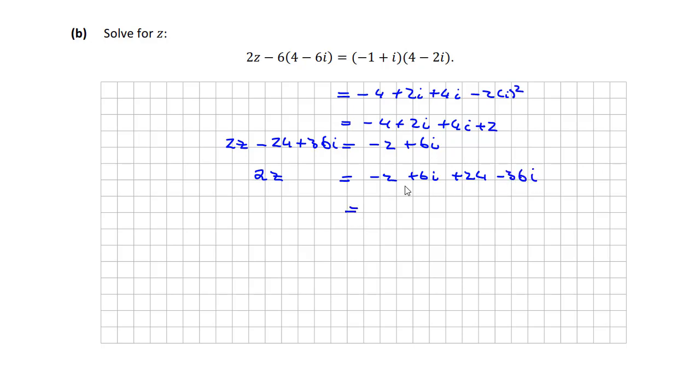That is equal to -2 plus 24 is 22 plus 6 minus 36 is -30i. So z then will be equal to 22 minus 30i divided by 2, and that is equal to 11 minus 15i. So that's question 2 complete.